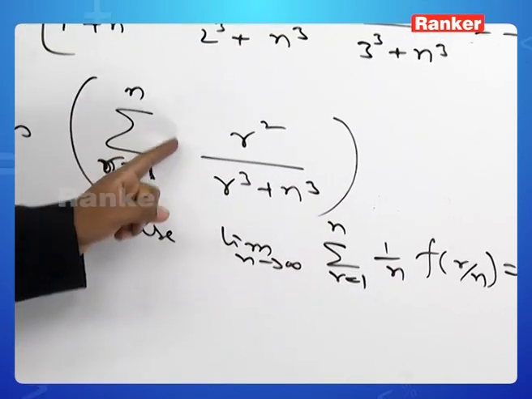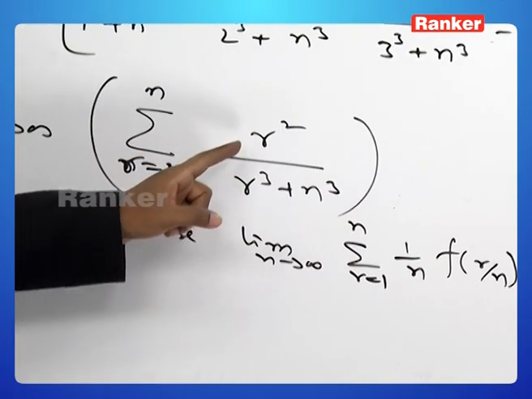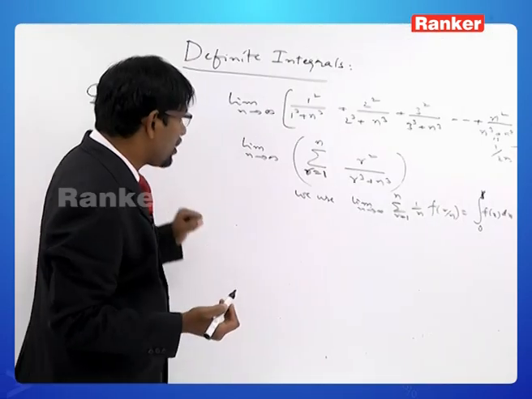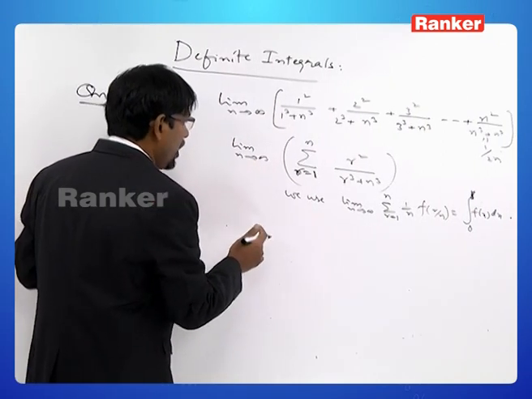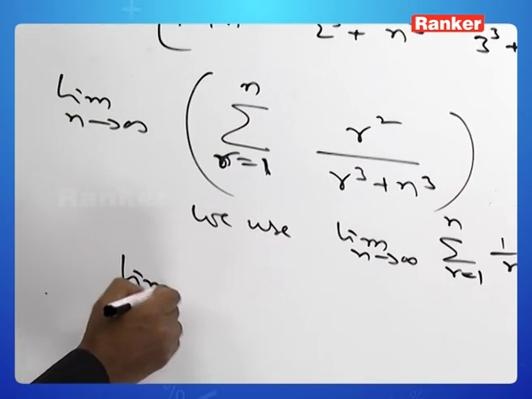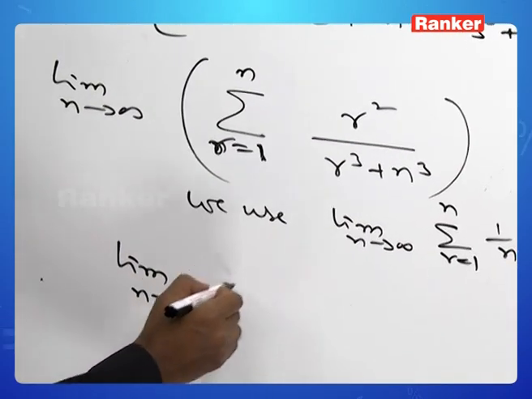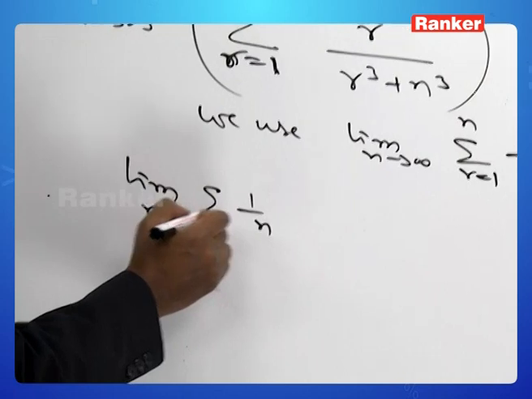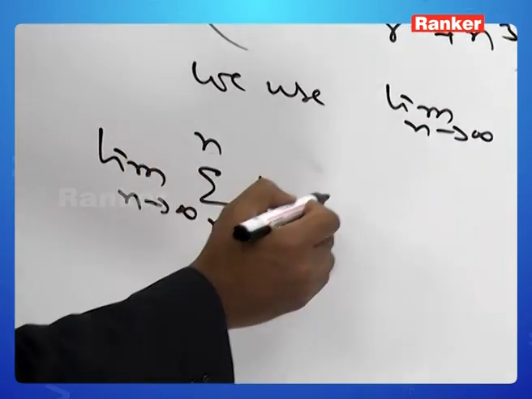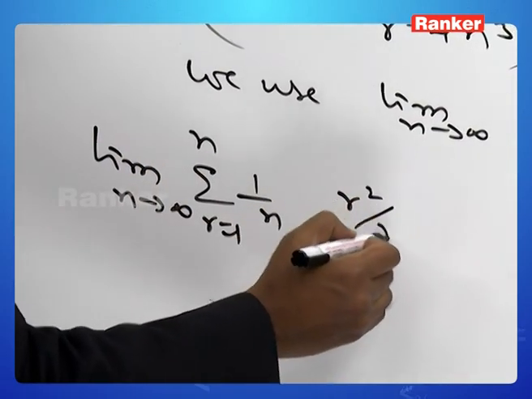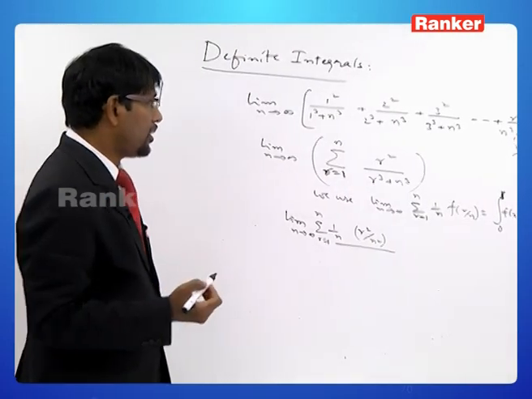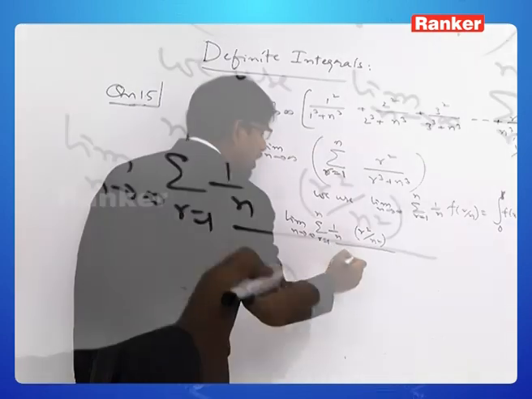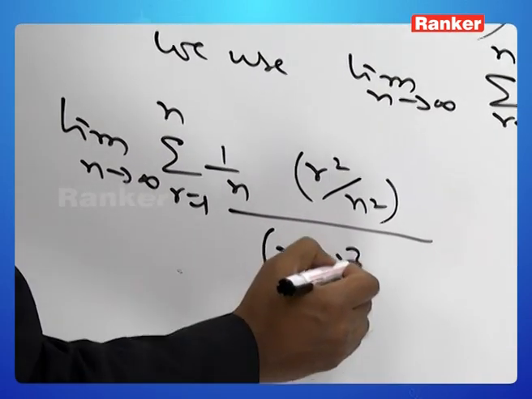We need a 1 by n factor, so we will divide the numerator and denominator by n cube. We will then write limit n tends to infinity, 1 by n into r square by n square, that's the numerator part, since I divided the numerator by n cube. Now what do we have here? r by n cube plus 1.